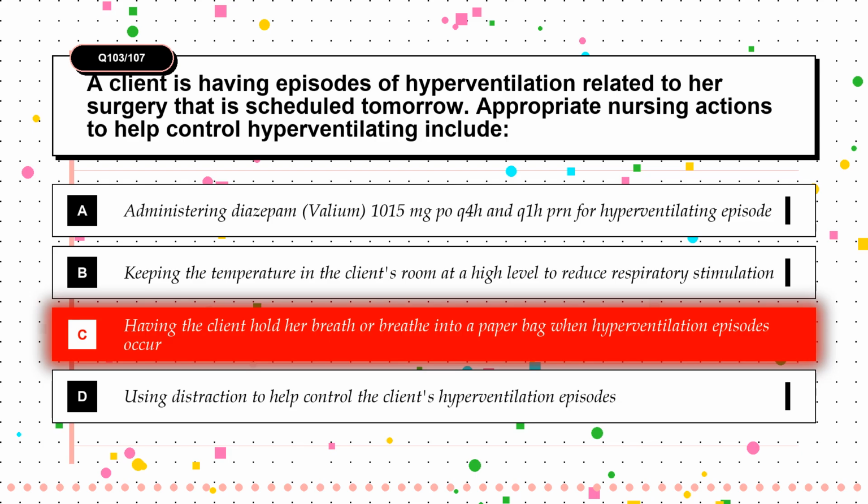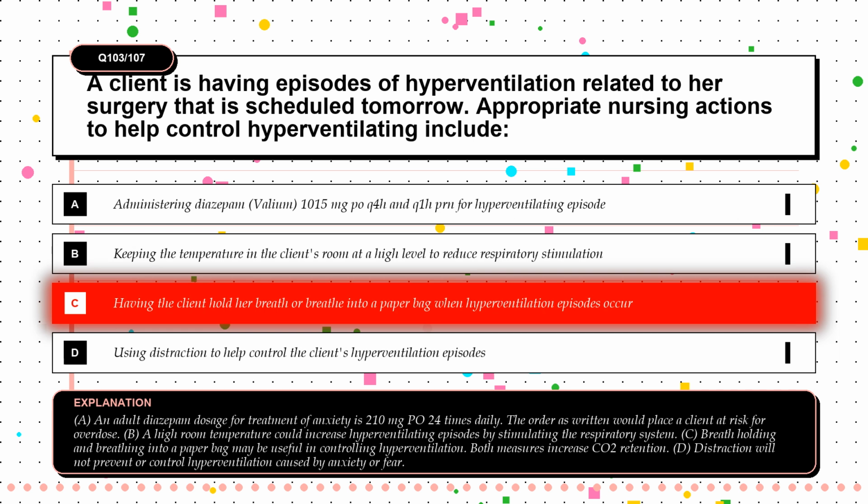The correct answer is option C. Having the client hold her breath or breathe into a paper bag when hyperventilation episodes occur. A. An adult's diazepam dosage for treatment of anxiety is 2 to 10 mg po 2 to 4 times daily. The order as written would place a client at risk for overdose.